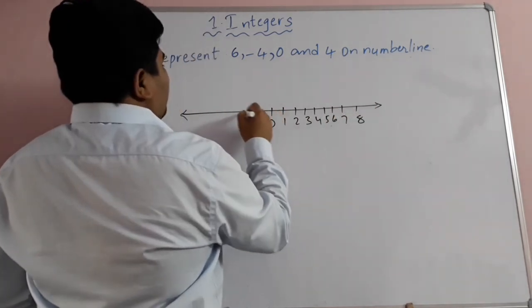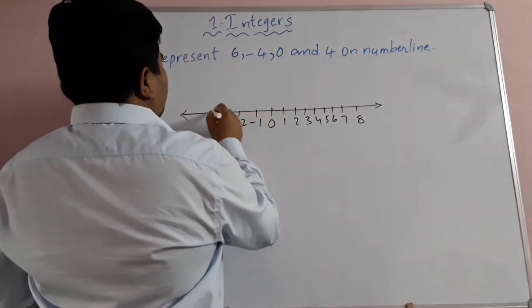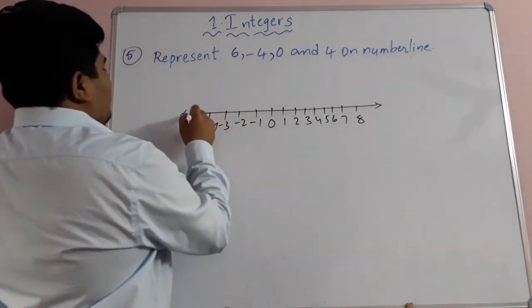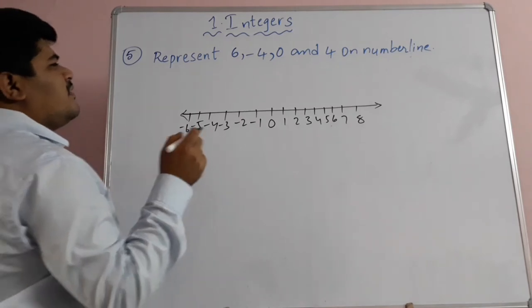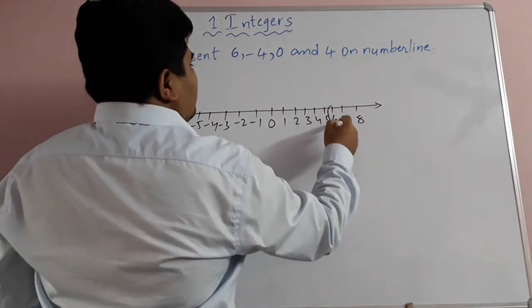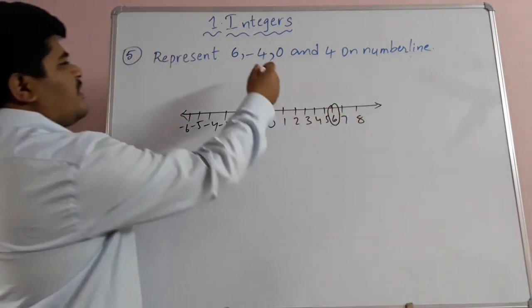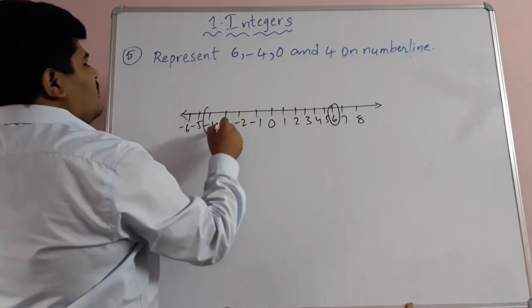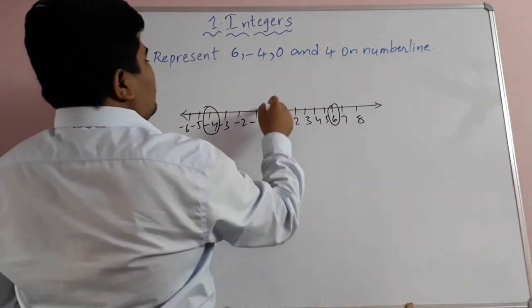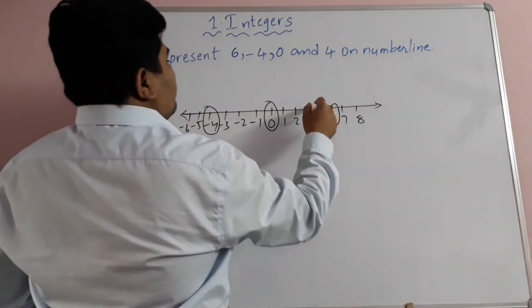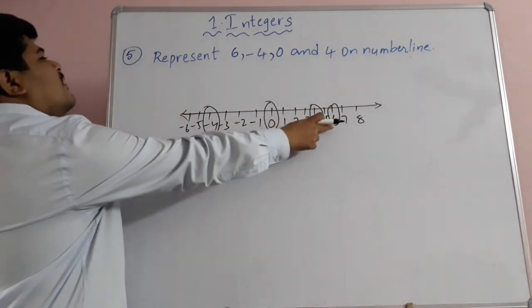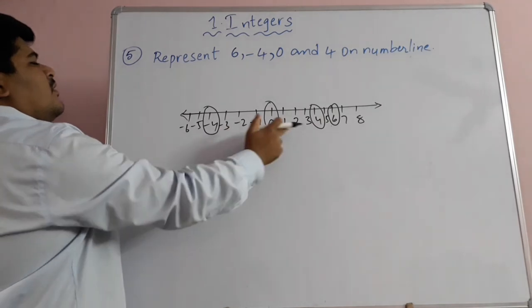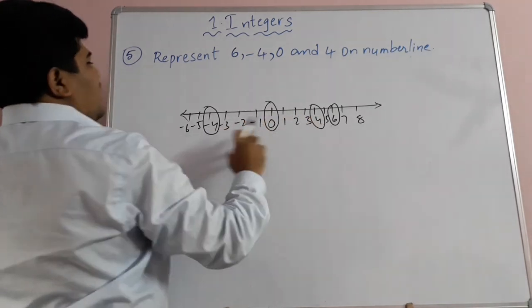Left side minus 1, minus 2, minus 3, minus 4, minus 5, minus 6. Now children, they are asking us to mark 6. Where is 6? Here it is. Just take one circle on that. We mark it 6. Minus 4, here it is. 0, here it is. Plus 4, here it is. So we marked 6, minus 4, 0 and 4 on the number line in this way.